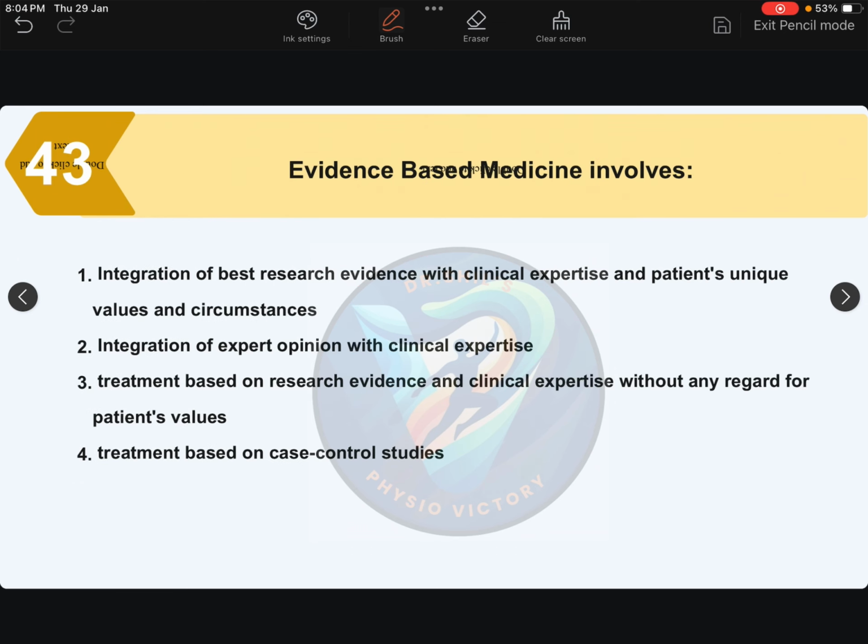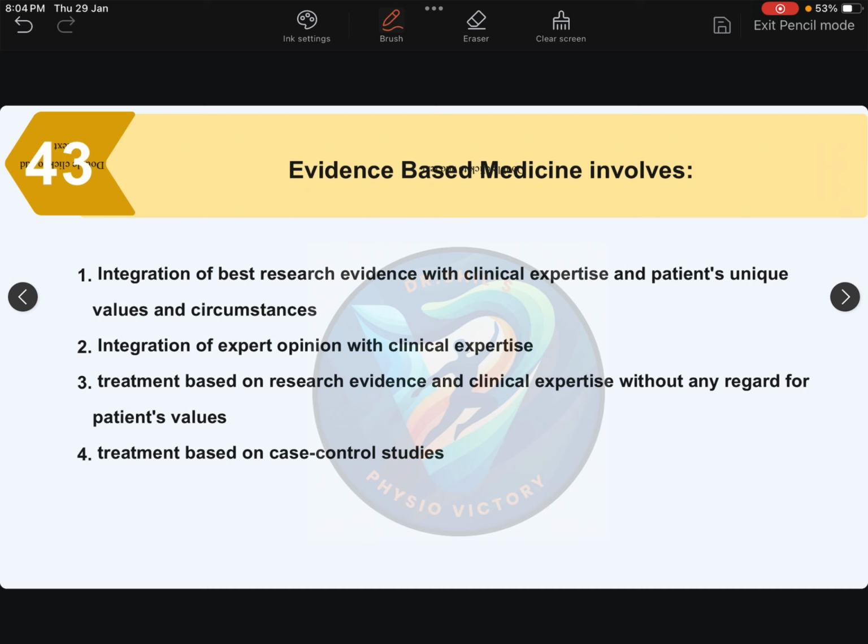Next, come to question number 43. Evidence-based medicine involves option 1, integration of best research evidence with clinical expertise and patients' unique values and circumstances. Option 2, integration of expert opinion with clinical expertise. Option 3, treatment based on research evidence and clinical expertise without any regard for patients' values.